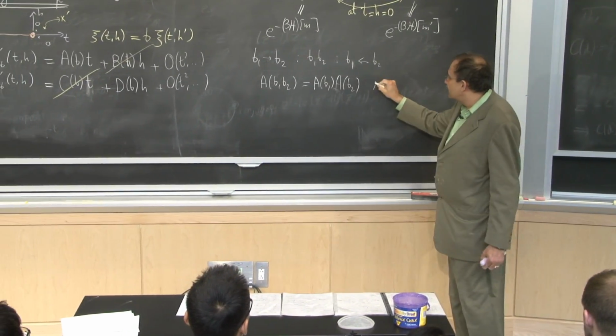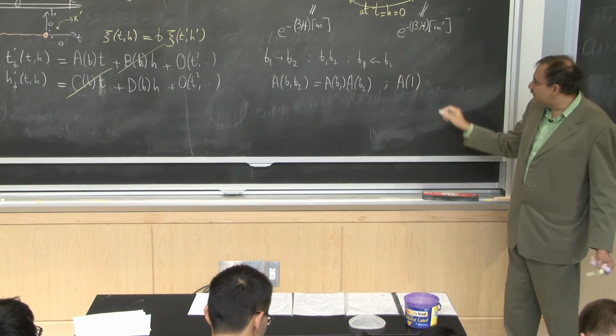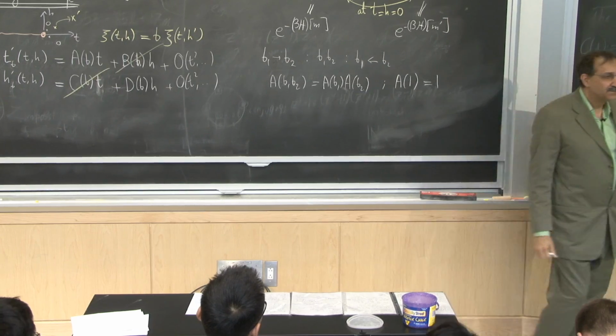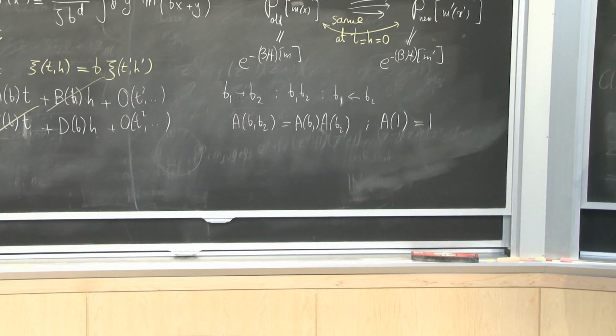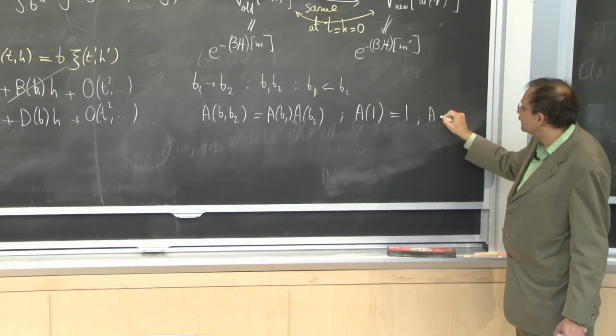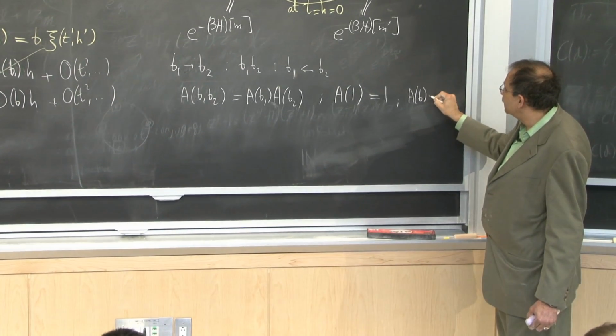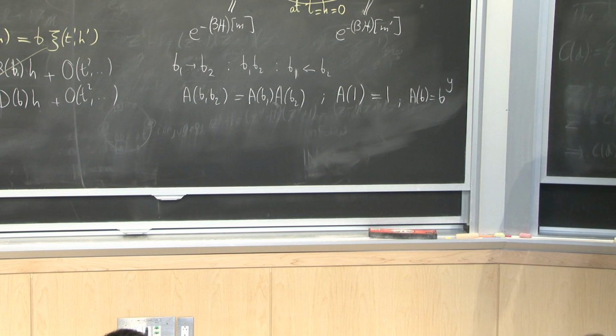And furthermore, if I don't change the length scale, everything should stay where it is. So you glance at those, and you find that there is only one possibility that a as a function of b should be b to some power. Okay?